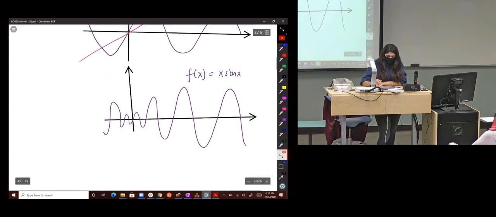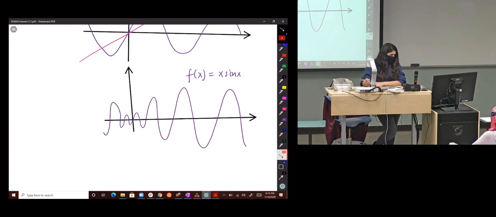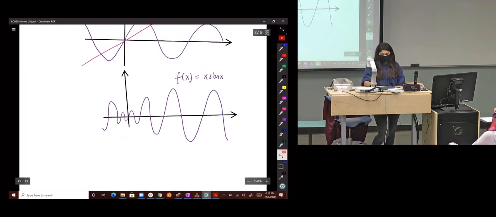Okay, now is this function continuous? Looks continuous. Do we see any sharp changes in differentials? No, so it is continuous and differentiable.